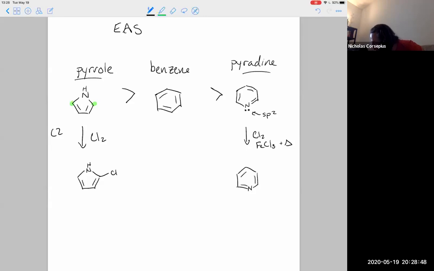And just like with our other deactivators, this is a meta director. All right, so pyrrole you want to think of as being just like an activated ring, whereas pyridine is deactivated.